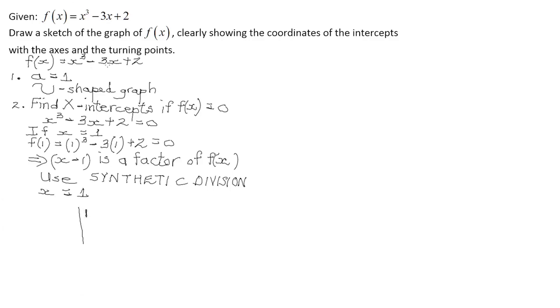Then, and that's the tricky part here, there's no x squared, so you're going to write down 0. Very, very important. Then your x coefficient is -3, and then your constant is 2, and then you draw the line there, and then you even draw a line here.